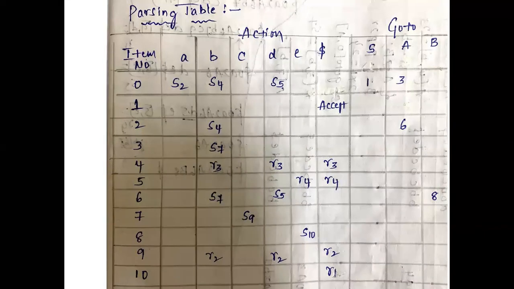That's why we are using the symbol S here. For every terminal we have the output in the form of an item number, which is replaced with the S shift number. The number is the same; we are not changing the sequence number. Just instead of I, we are using the S.